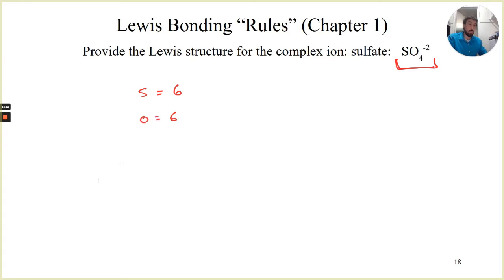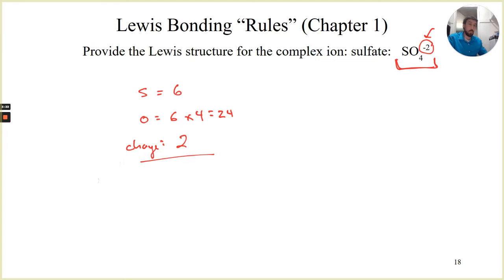Oxygen, there's 6, but there's 4 of them. And then when we look at the charge, we're looking at an extra 2 electrons. We know there's an extra 2 because it is a negative sign. So we would be adding 2. So in this case, what we're doing is totaling up our valence electrons. And if we total this out, 6 plus 24 and 2, 32.